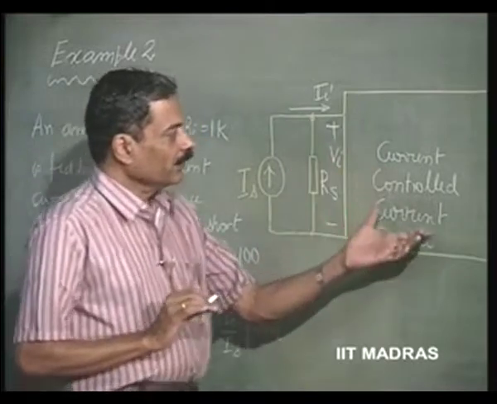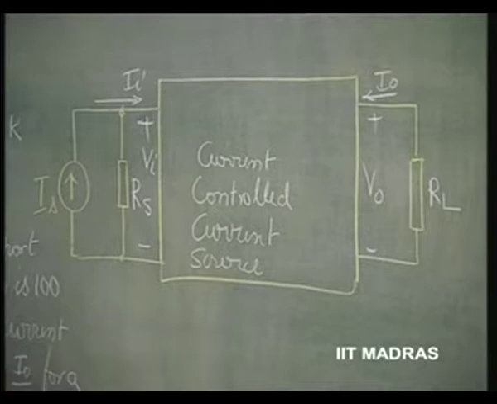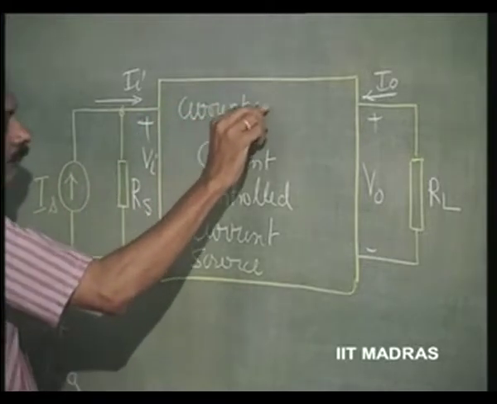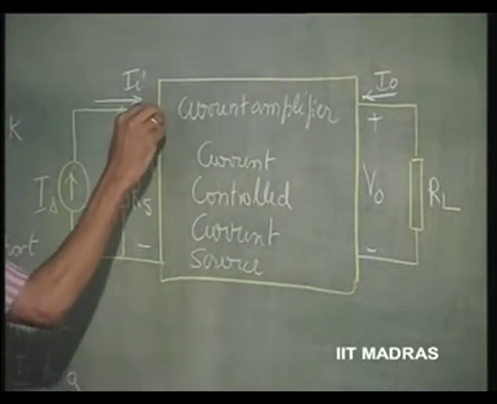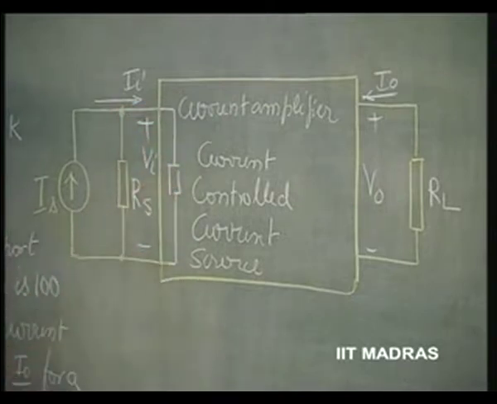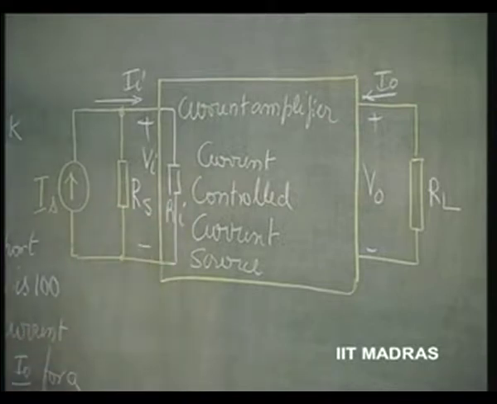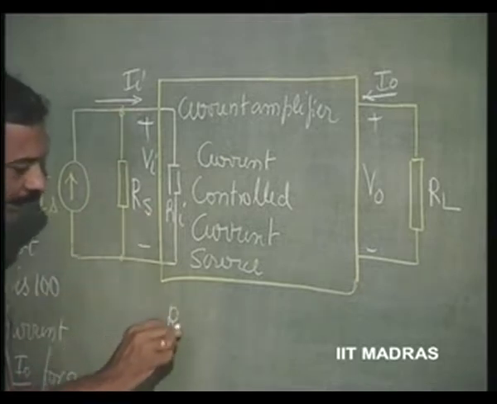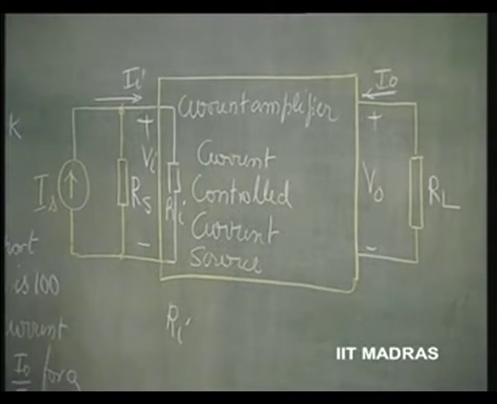Now, if this is the current controlled current source or current amplifier, obviously in a practical current amplifier we will have some input resistance Ri, and what we want is that Ri should be a short circuit.